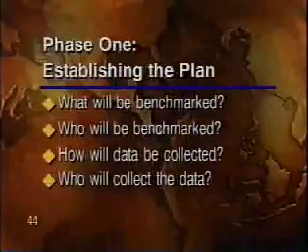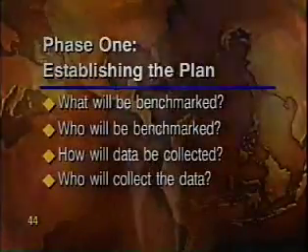The first purpose of this first phase is to organize. That is, to ensure that the project has a clear focus by prioritizing the functions or processes to study, selecting your benchmarking partners, obtaining support from the process owners and stakeholders, and assigning the project to a team.